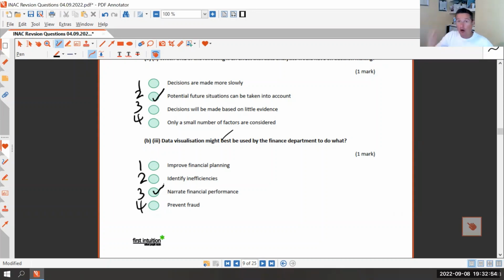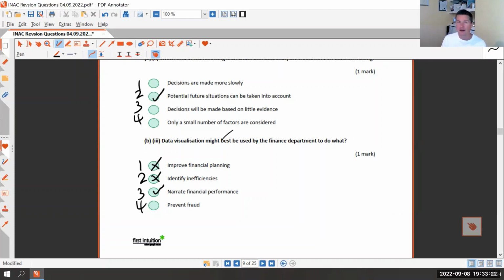Whereas it's more about analyzing information that's happened. So it's not going to improve financial planning to a degree. It's more analyzing what has happened in the past, and you can make better decisions on that, but it won't do financial planning for you. It's not really going to identify deficiencies. You can show inefficiencies, but it doesn't really give you anything visual.